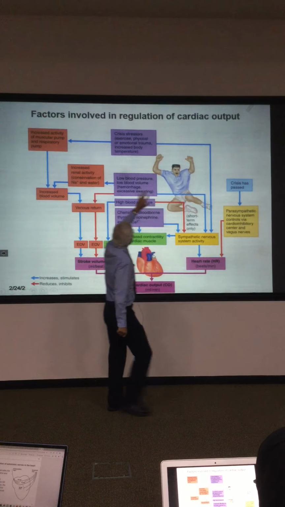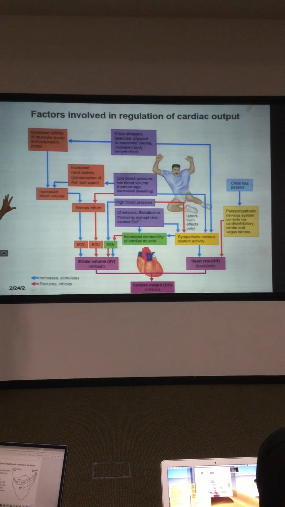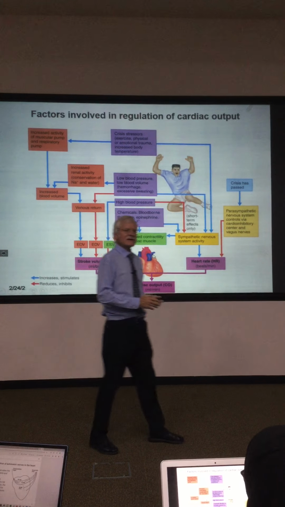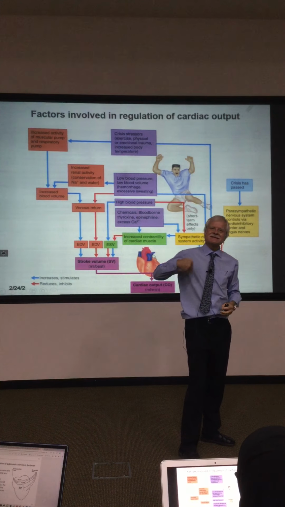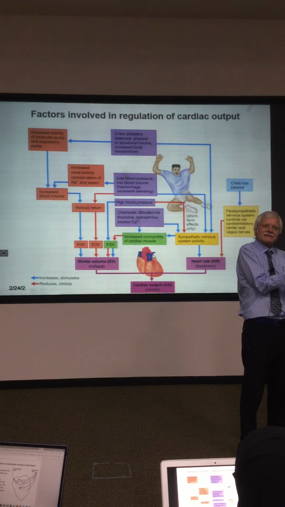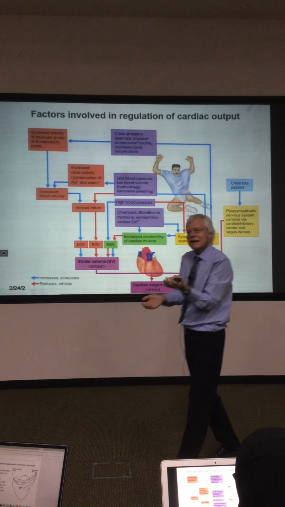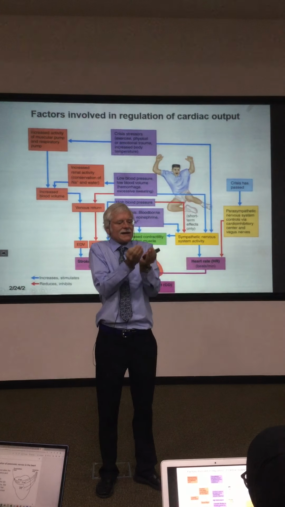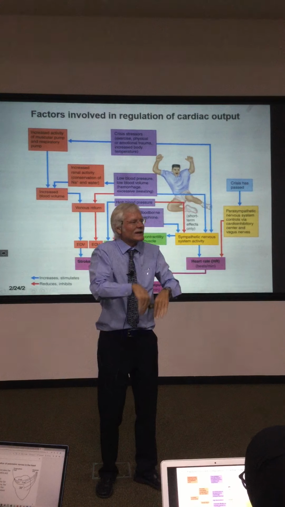On the other side, something we haven't talked about much, but maybe you've heard of muscle pumps and respiratory pumps. Have you heard of that? When I run, there's a venous return from the legs to the heart. Within those veins, there are little valves. Every time the muscles of the legs contract, it moves blood up the veins, and the valves stop the blood falling down again.